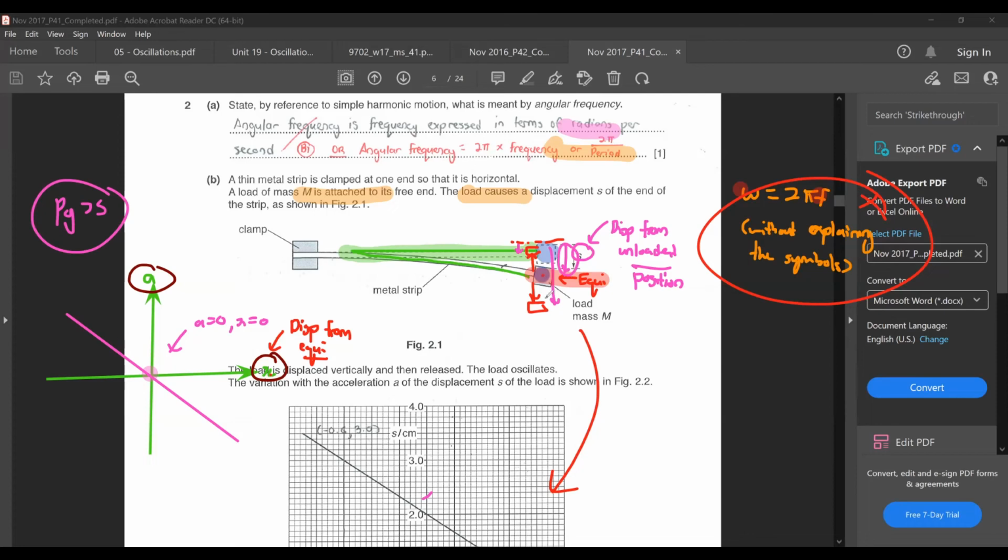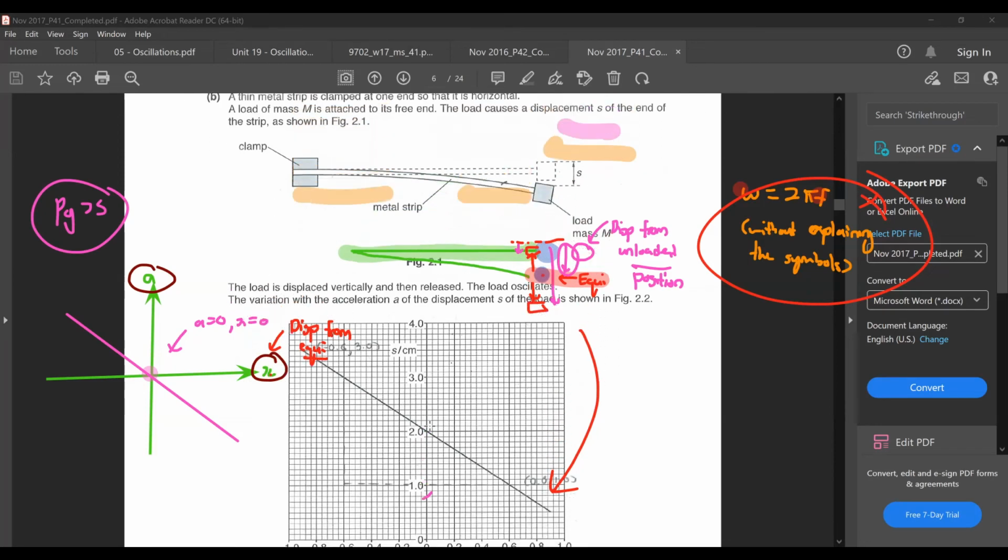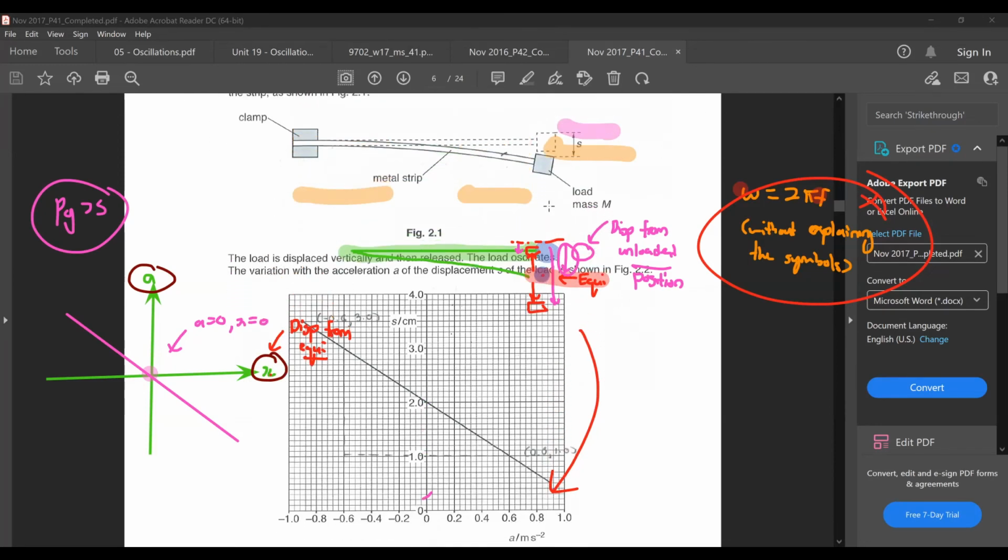So you just read the value from the graph. We know that at equilibrium, acceleration is 0, right? You can see it from your current graph here.